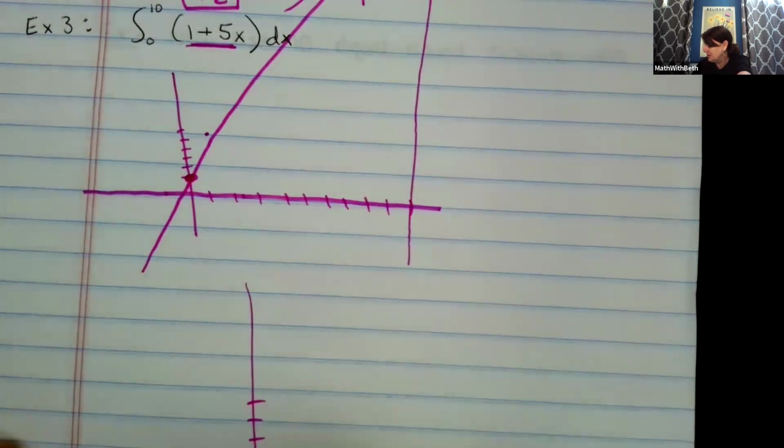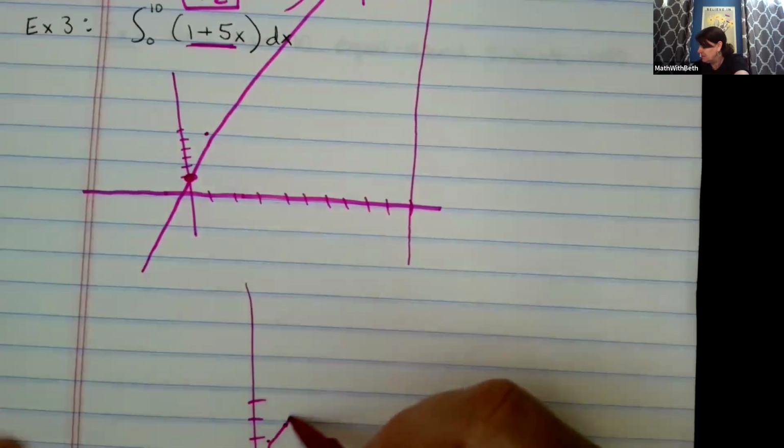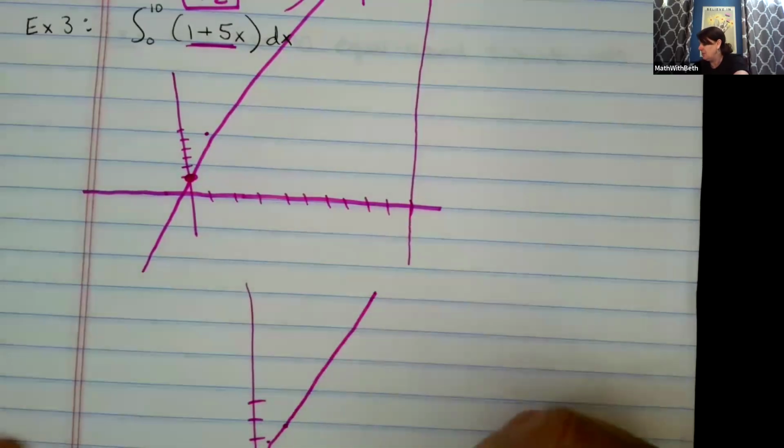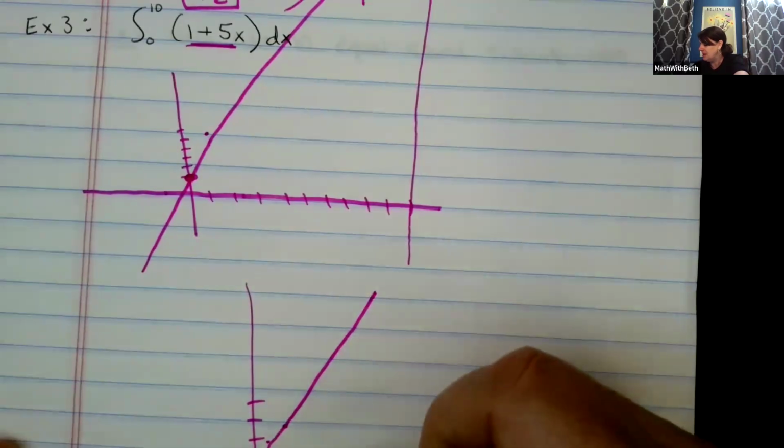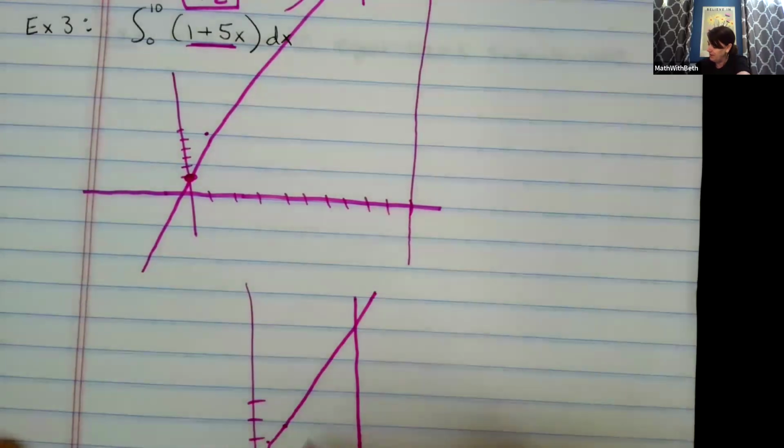So if I'm starting at 1 and going up 5 over 1, it's going to be something like this. And we're stopping it at 10. It looks like a triangle, but it's technically not because of this little tiny part here.